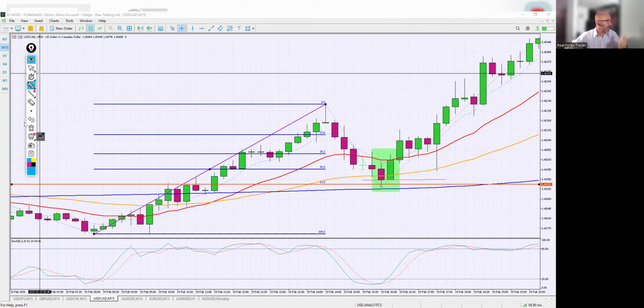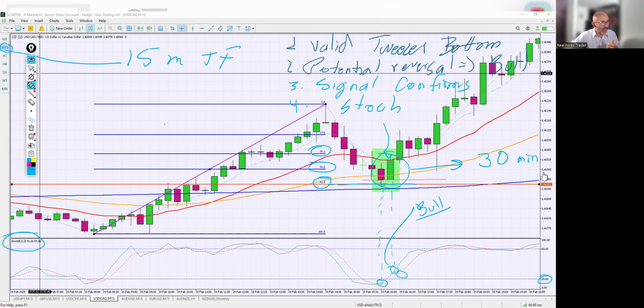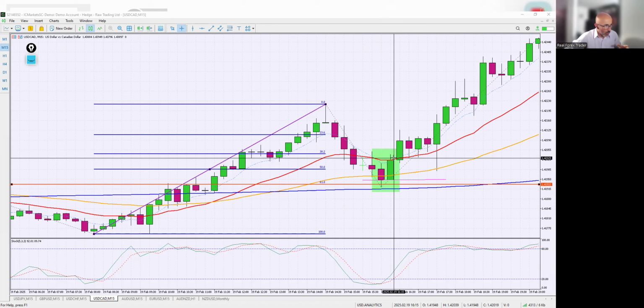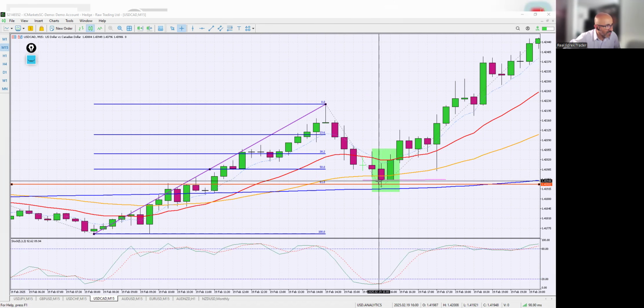Patience about what? Hey, wait for the 30 minutes, right? Wait for the 30 minutes of completion of this pattern. Okay, so when you have observed that the bull candle has closed, it doesn't matter how high, right? Remember, the critical thing here is this. This is the observation, okay?